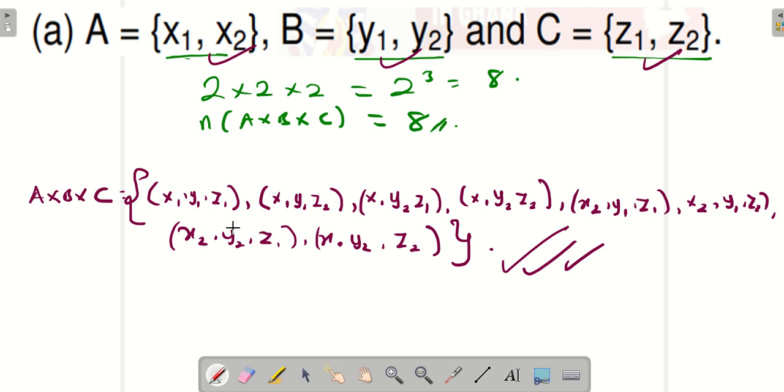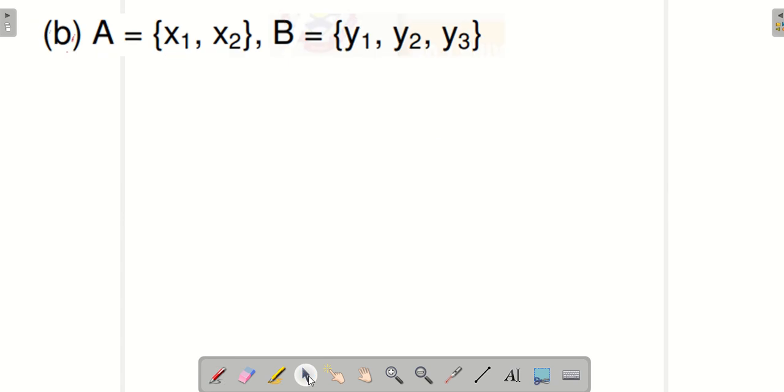There are three. I'll solve the second one, then I'll leave the last one for you to try. Let's take this one. So to find the Cartesian product of this, we are finding A cross B. You can do a rough work to see that the number of elements in A cross B is going to be, if there are two elements in the first set, 2, times 3 elements here, 3. 2 times 3 will give us 6.